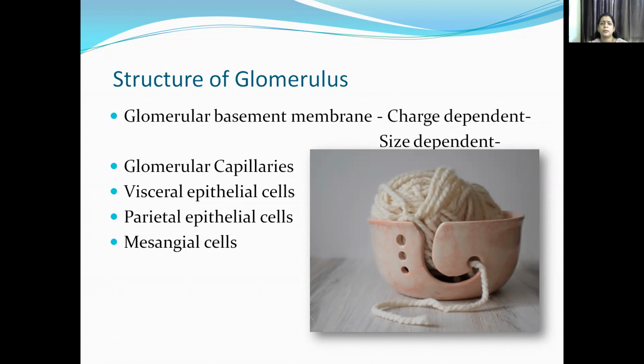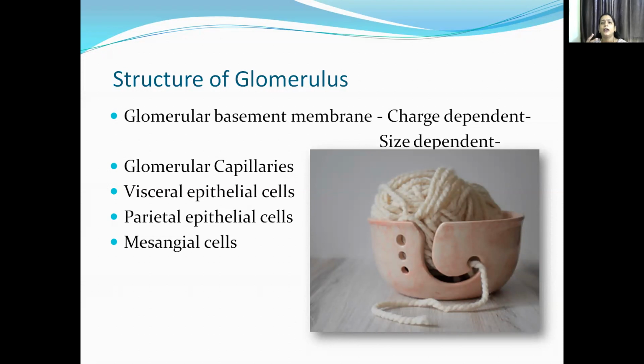So the visceral epithelial cells or the podocytes, if they are injured, it will cause something called podocytopathy. Because of that, the filtration capacity or the GFR is usually diminished. That is, everything will just go by into the urine.